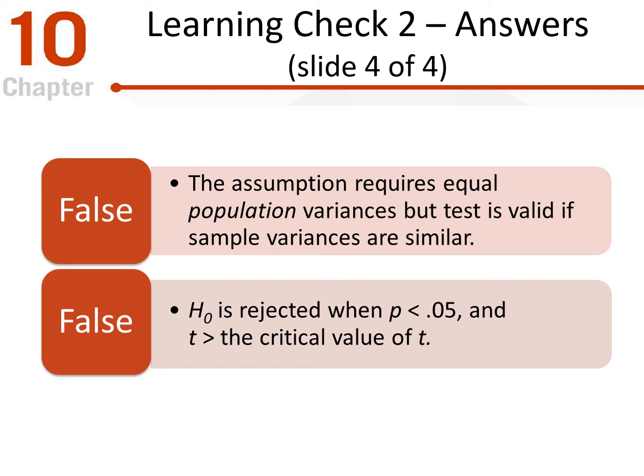So the homogeneity of variance assumption requires equal population variances, not equal sample variances, although the sample variances should be somewhat similar. And obviously the null is rejected when p is less than 0.05, not when p is greater than 0.05. And that p is the probability of making a type 1 error. So type 1 error is to reject the null when the null is true in the population.